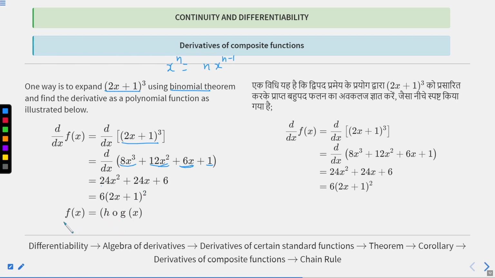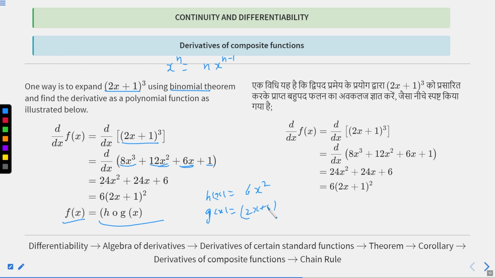Now this is what? f(x) is equal to h of g(x). What is our h? What is our g? As you can see, h(x) is nothing but 6x square and g(x) is nothing but 2x plus 1.